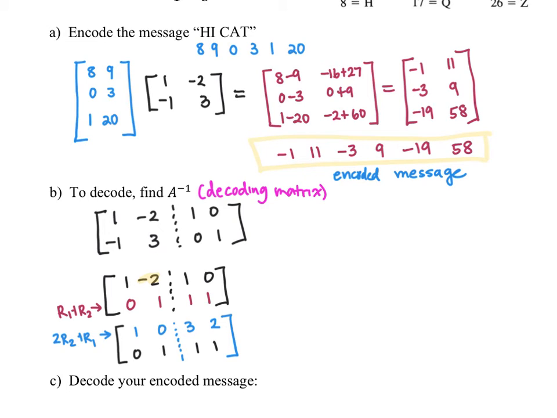Because this is the identity matrix, this must be my inverse matrix, my decoding matrix. To decode it, I'm going to use this inverse matrix.